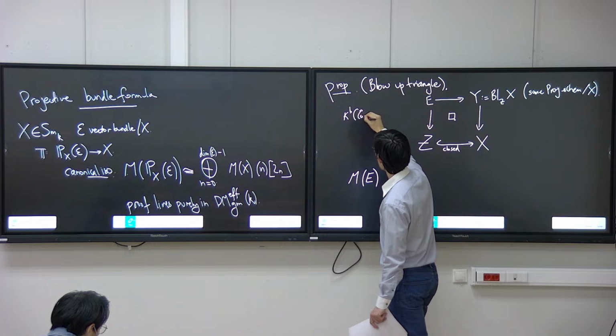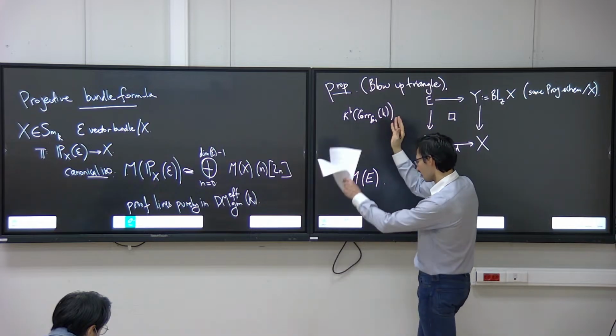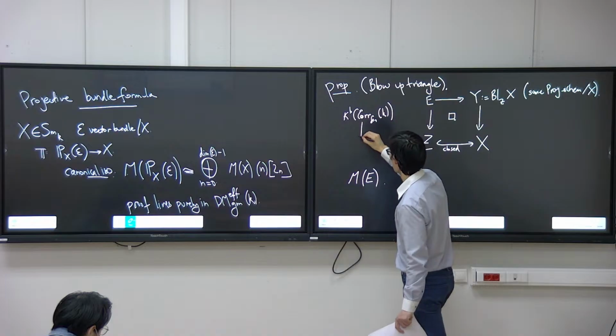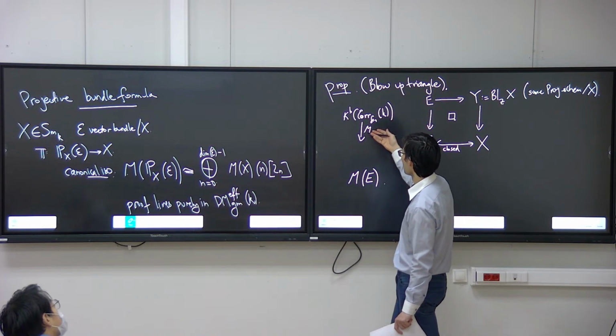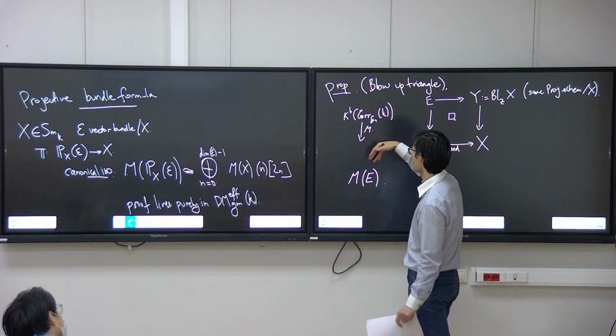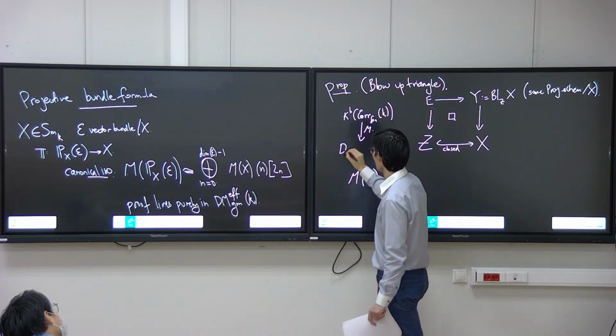Like in the embedding theorem, I had a square, and on the left-hand side there was a map M, which associates a motive to each smooth separated scheme, which is a geometric guy.